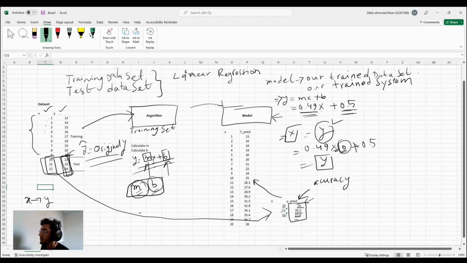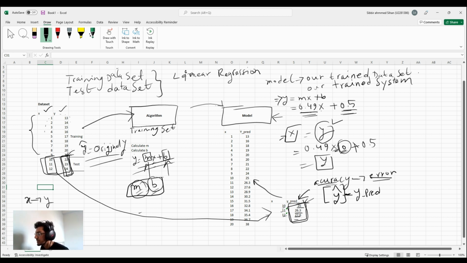How do you find out the accuracy? We calculate the error. How do we calculate the error? We subtract the y predicted, which is this, from the original. This is our y original.